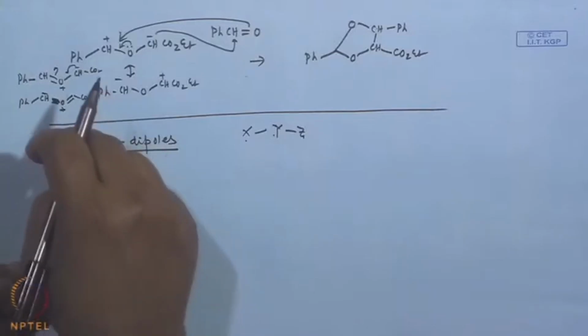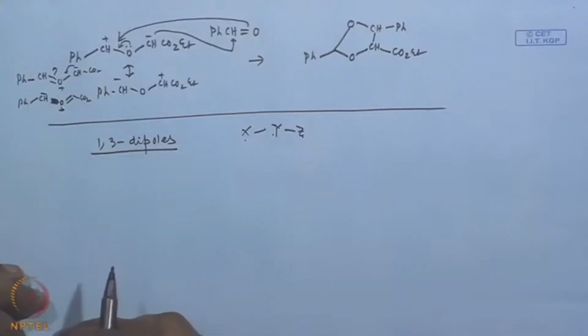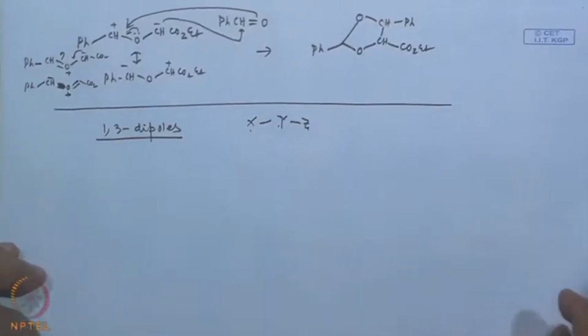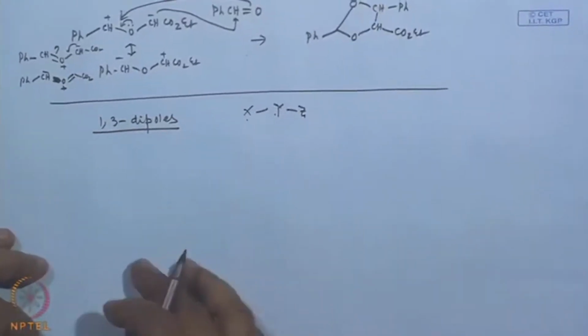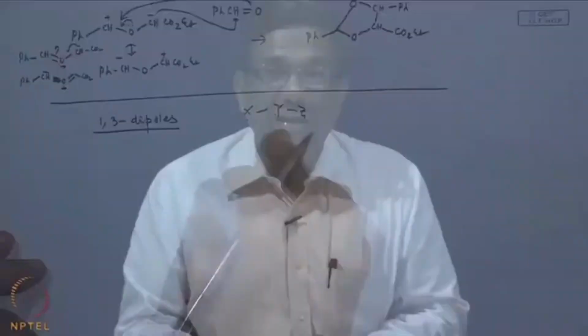So, it is a good question for BSc resonance. Okay. Any case, so the 1,3 dipole is this, and so you can have all kinds of combinations.